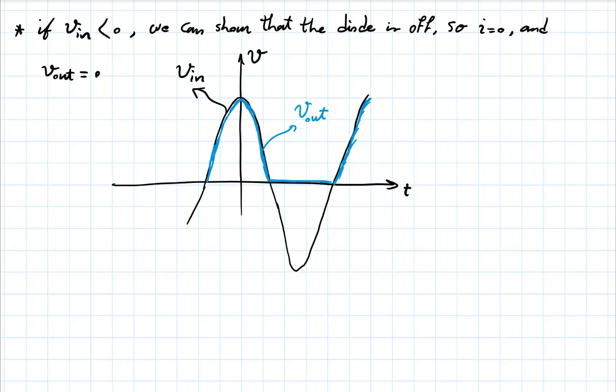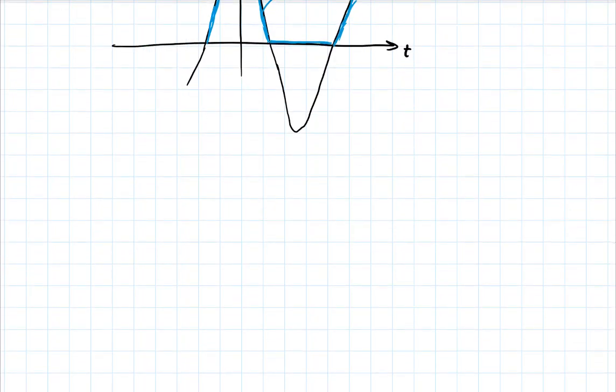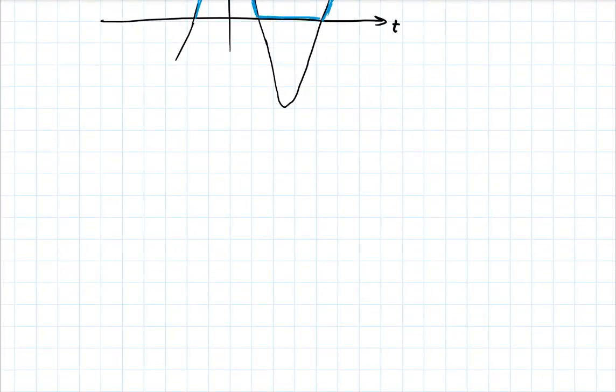And so if you look at the output voltage now, it's quite asymmetric. And in fact, it does have a non-zero average. That's a DC component. So the output voltage has a positive average.